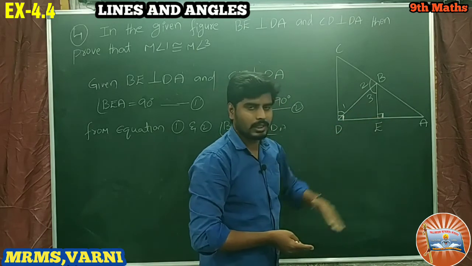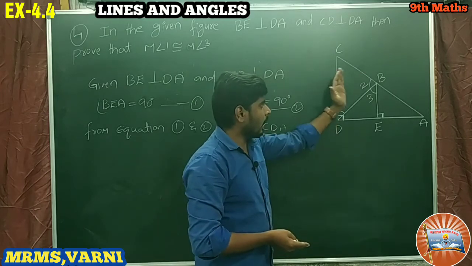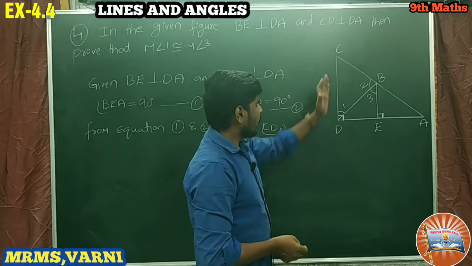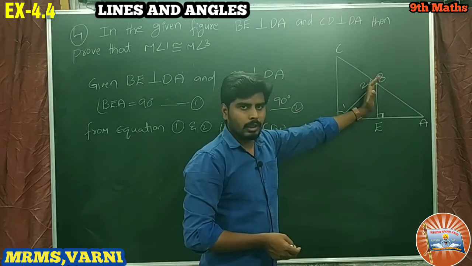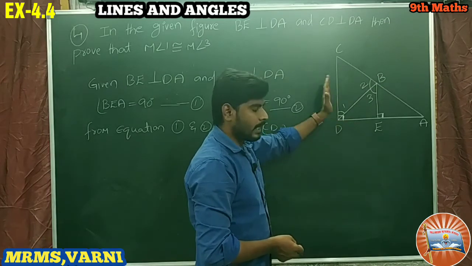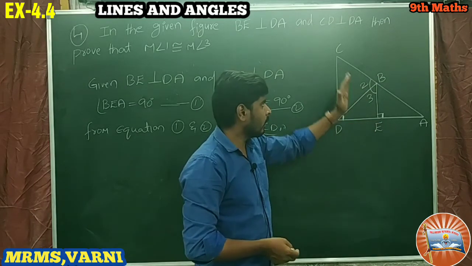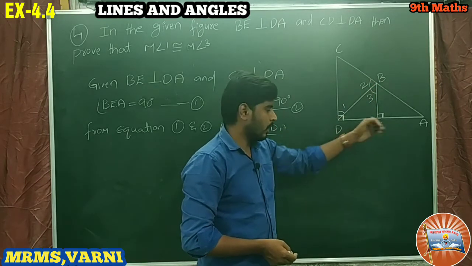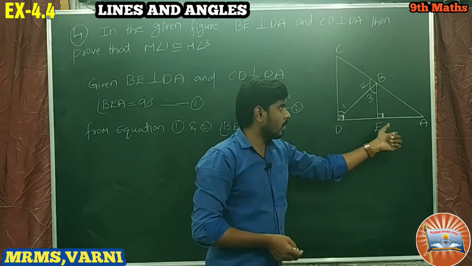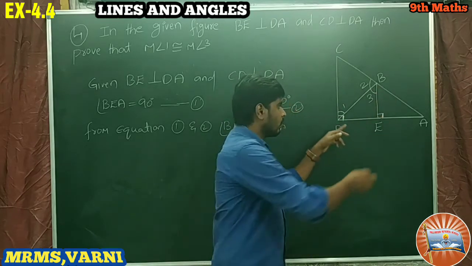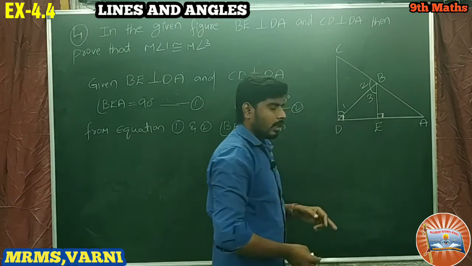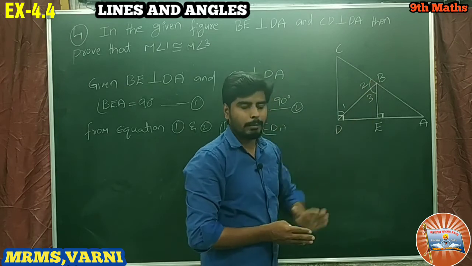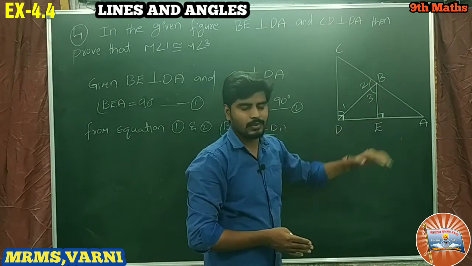If DA is a transversal, then CD and BE are parallel lines. How? CD and BE are perpendicular to DA, and we got CDA equal to BEA. These two angles are equal, so by the corresponding angles property, CD and BE are parallel when DA is a transversal.